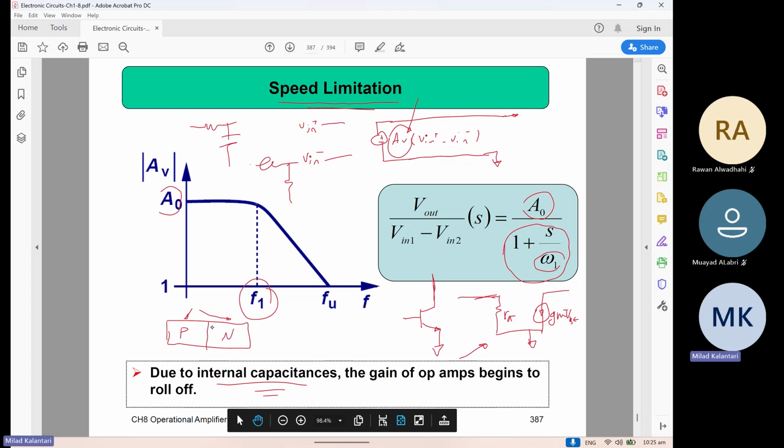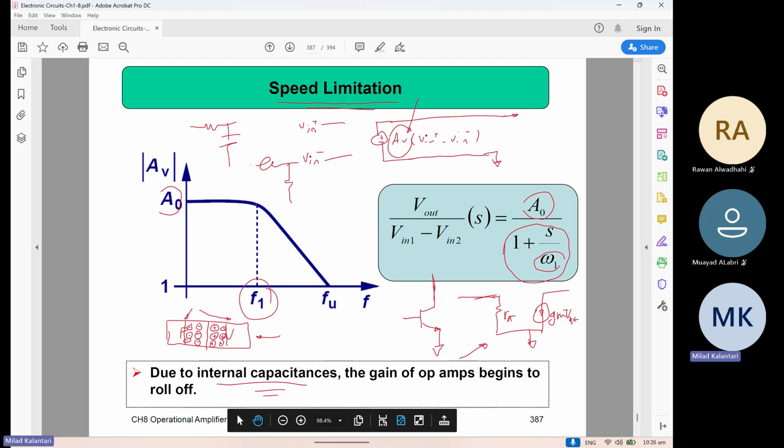Once they go there, they leave some depletion region, and some negative ions are left there. So this depletion region makes something like a cap, which we call the junction capacitor, right?